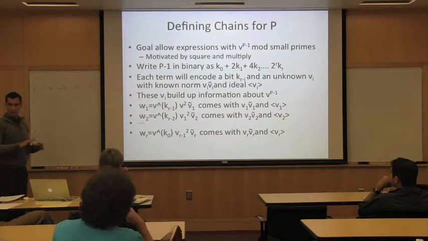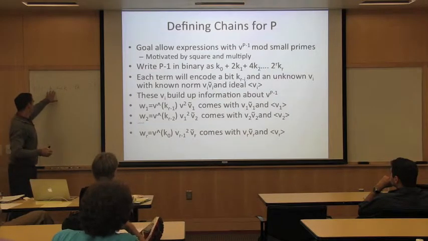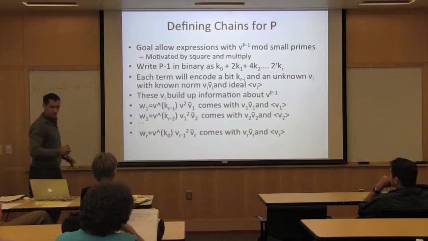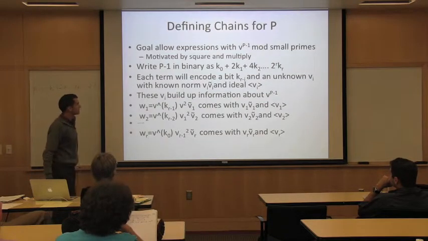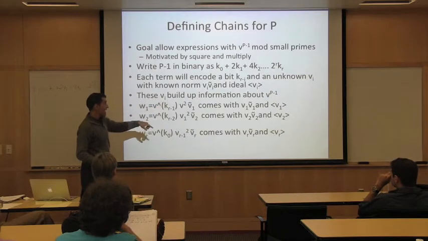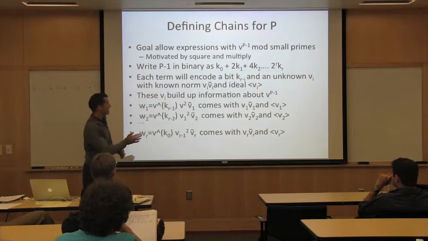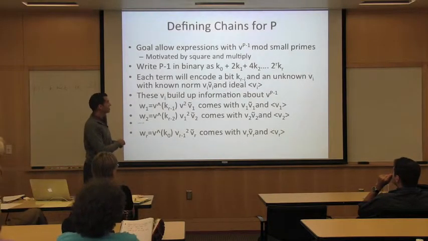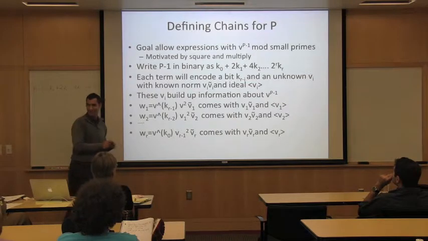Each term in one of these polynomial chains is going to be using one of these coefficients. So there's basically one term for every bit. The term is going to encode one of those bits and an unknown v sub i. So v sub i is a different element of the ring, a different polynomial, and you can think of it as a fudge factor.